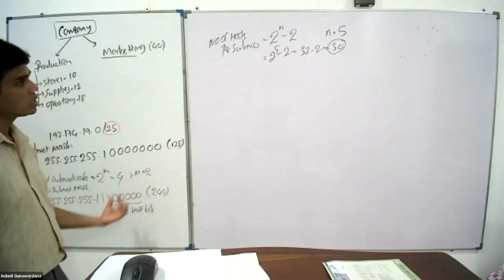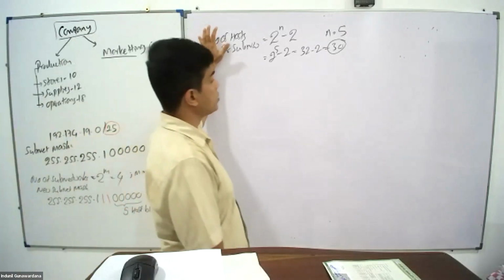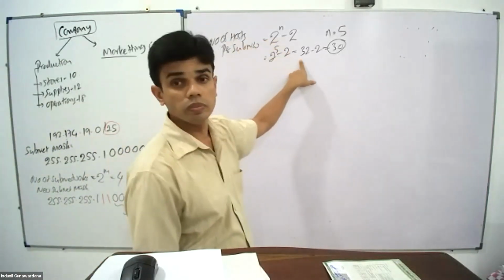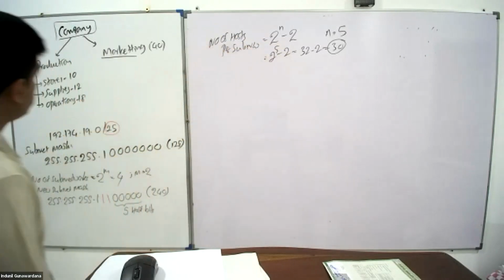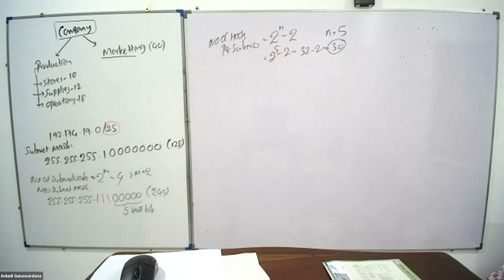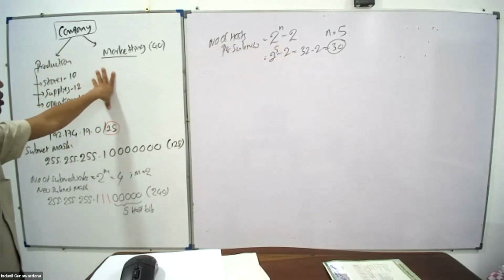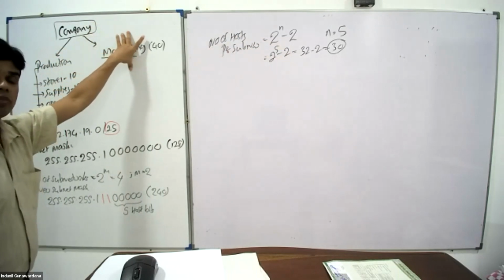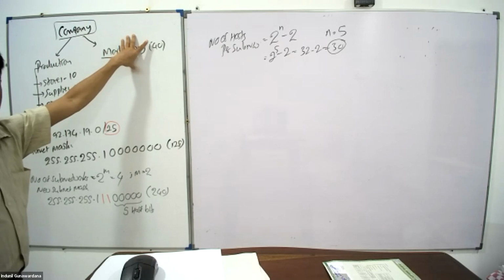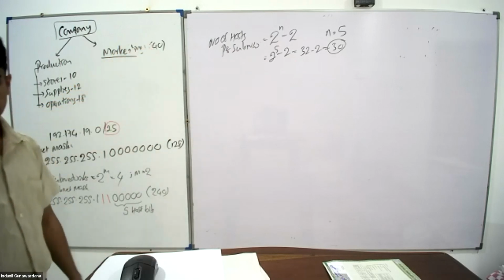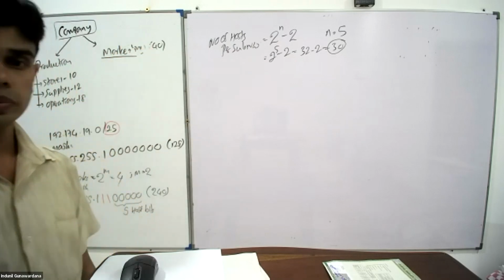Whenever we have 5 host bits, the maximum number of hosts we can use is 2 to the power 5 minus 2, 30. So this problem has a certain doubt: when we do the subnetting, we can't match the required number of computers, especially in the marketing department. Do you understand the doubt, everyone? The problem we have? Yes or no?